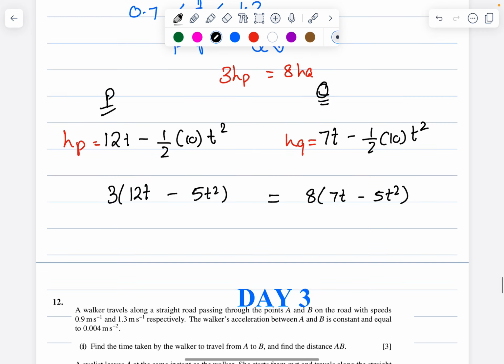So this becomes 36t minus 15t square equals 56t minus 40t square.